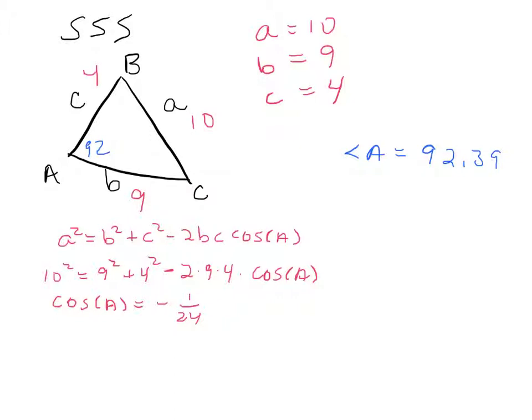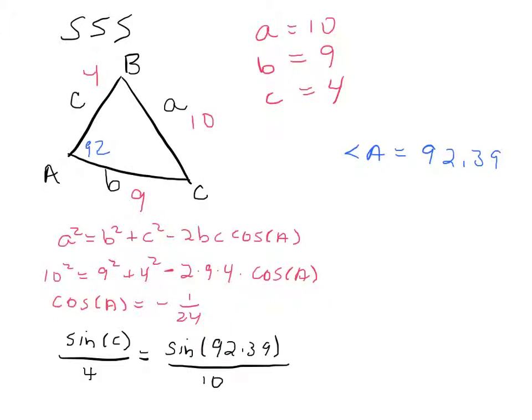Okay. So what we do now is use the law of sines, and we can do that to find the measure of angle C, which we know has to be acute. Can't have two obtuse angles. So let's write down what the law of sines is going to look like in this case. Okay, so check it out. Make sure you believe that that's correct. And if I go ahead and solve that for angle C, I'm going to get angle C is equal to about 23.56.